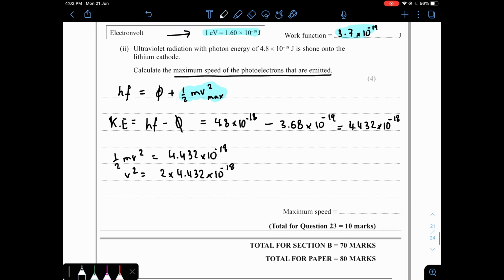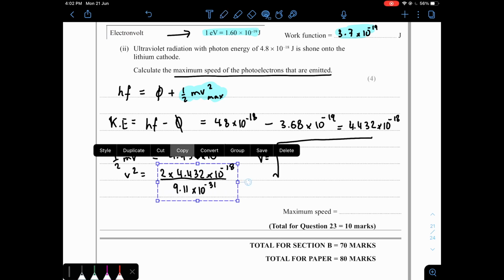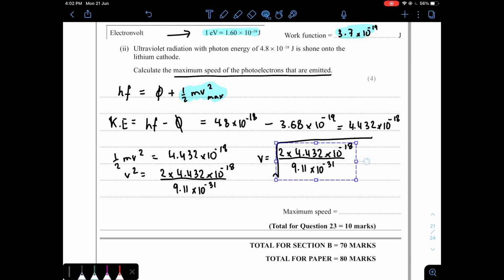So our velocity will be the square root of that. I'll copy and paste this. First we'll find what the answer is, then we'll round it.